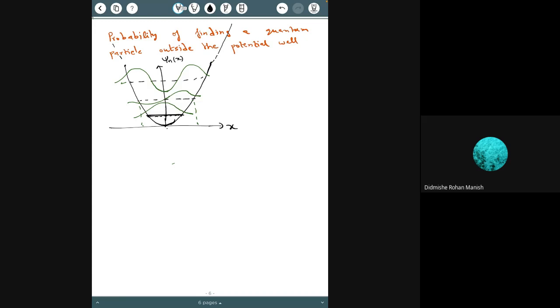So for a classical particle, when it encounters the potential wall, its kinetic energy would have to become zero because it would be reflected off the wall. So it would never have enough energy to cross this wall.